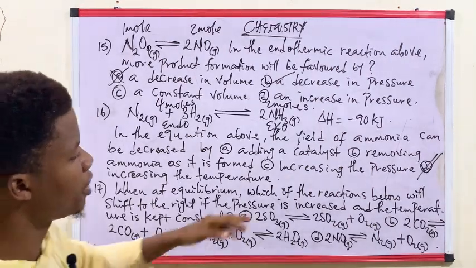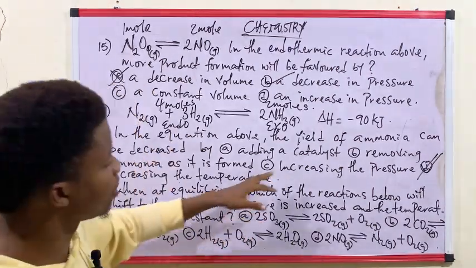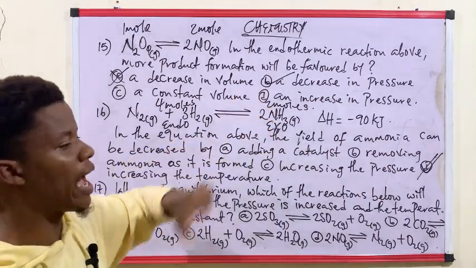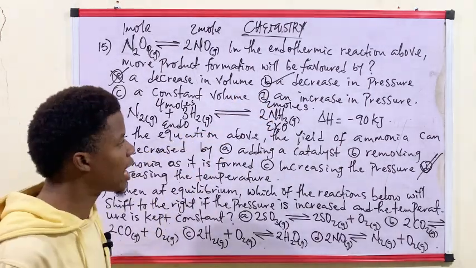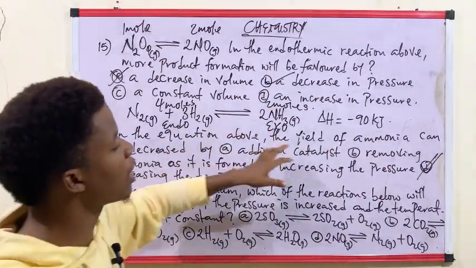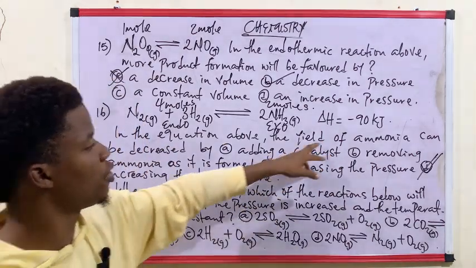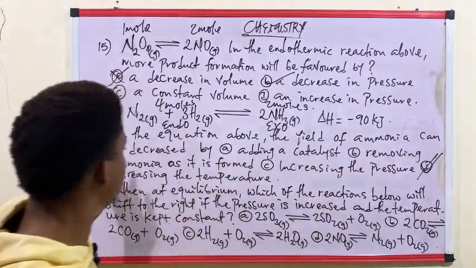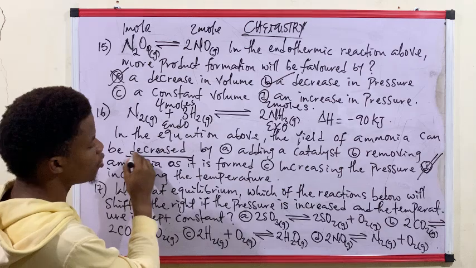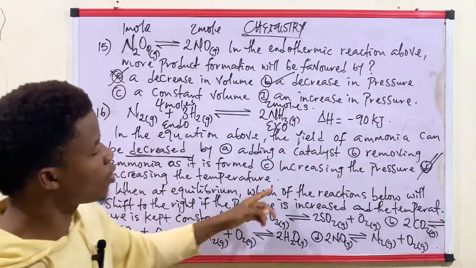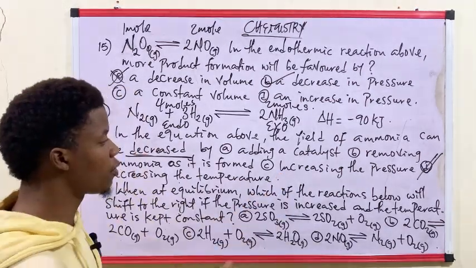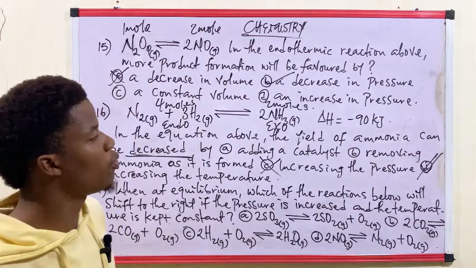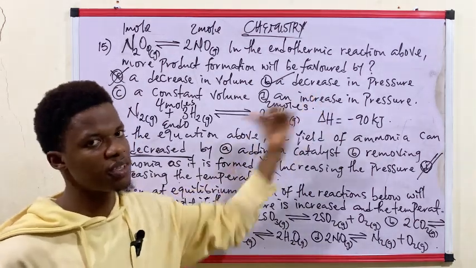So increasing pressure will favor this side with the lower volume. The question is asking how we decrease the yield of ammonia, so please don't pick increasing pressure, because you are only going to increase the yield of ammonia, not decrease it.